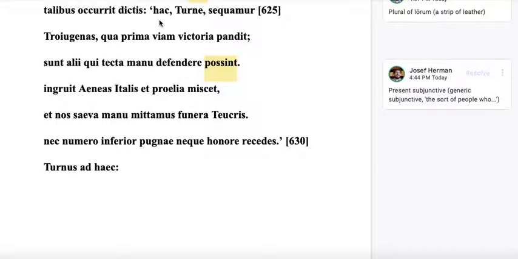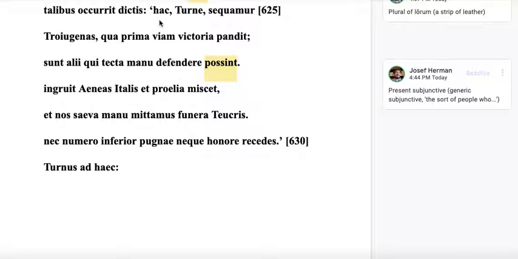So let's follow the Trojans by this way. Hac via, right? Let's follow them by this route, not some other route, but by this route. Hac. And then you have to imagine the word via, or a word like that. Let's follow the Trojans by this way.